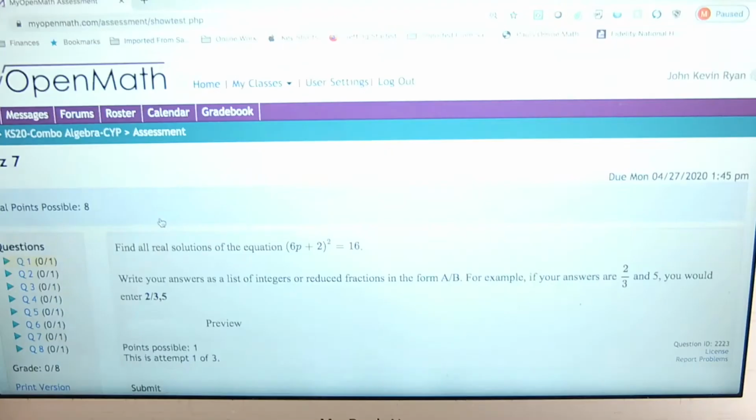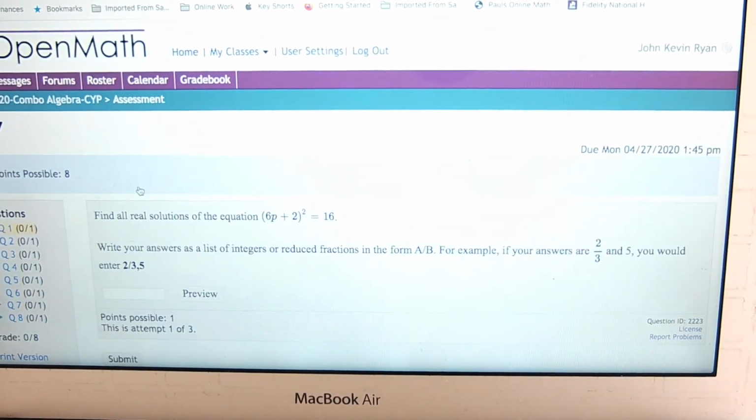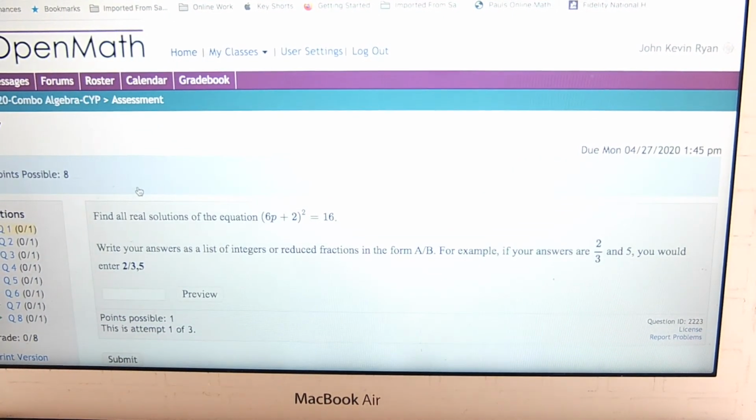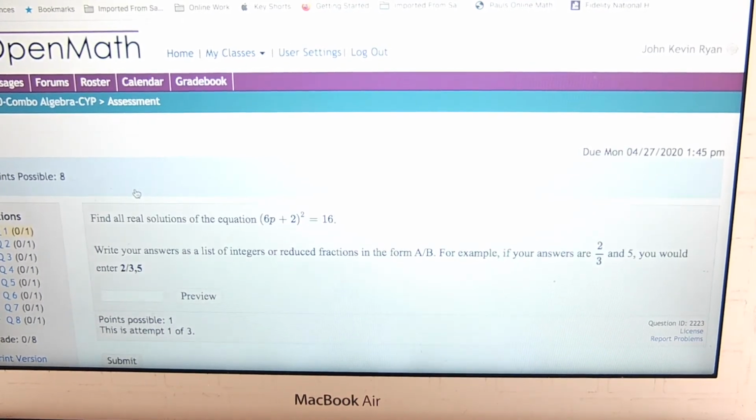All right, here we go. So quiz 7. I'm going to show you the problem on my computer, let you copy it down, and then I'll work it out with you guys. So here's number 1. Yeah, I covered this on Monday, actually. Oh, that's because I put it in conics.